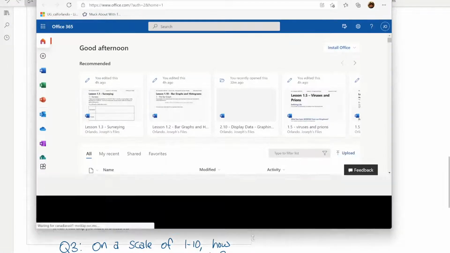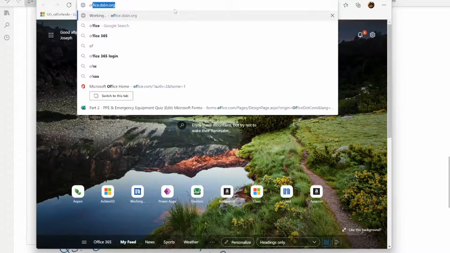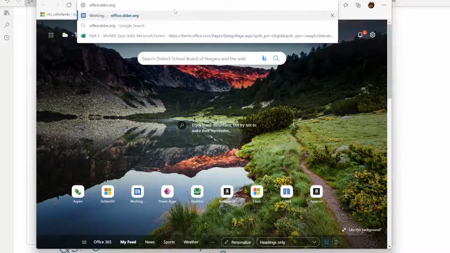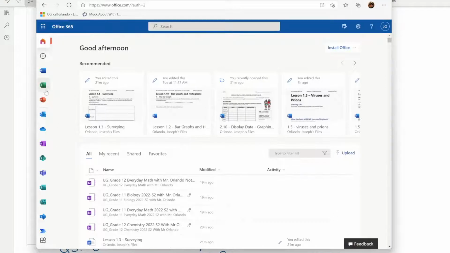All right? And I'm going to travel to office.dsbn.org. And when I get here, I'm going to go to where it says Forms.